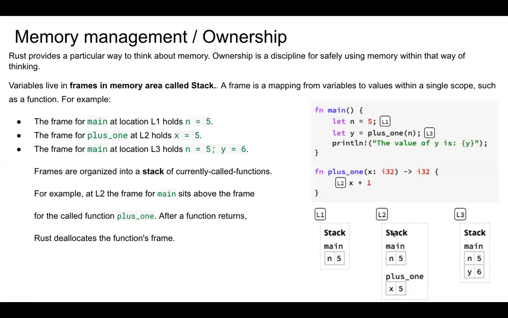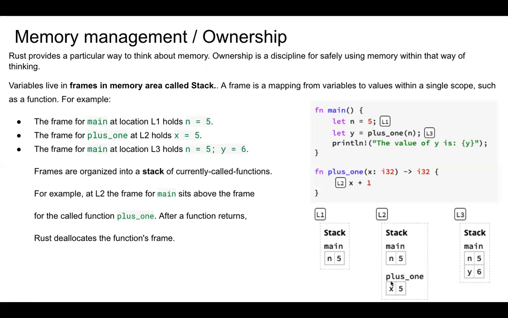So what it does is, in the same memory area called stack, it creates a new frame. Now what you have done is x + 1. First, you're returning x + 1. But the value that you're passing to x is 5, because you're passing n here.